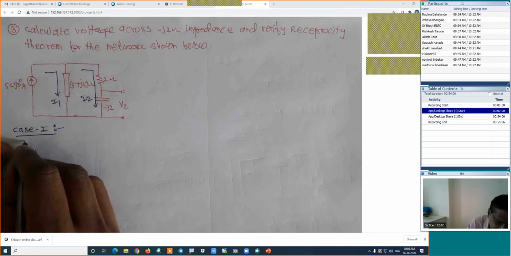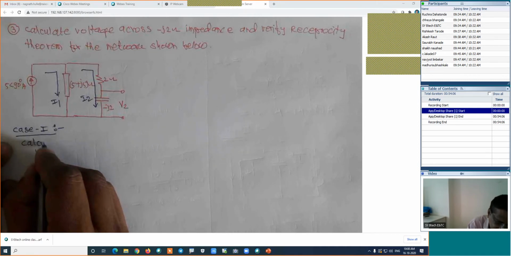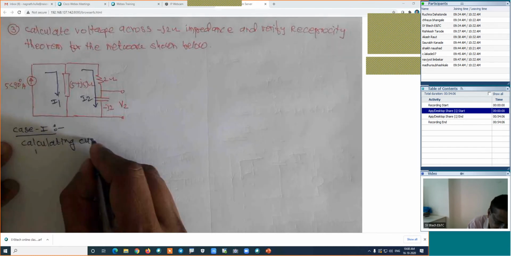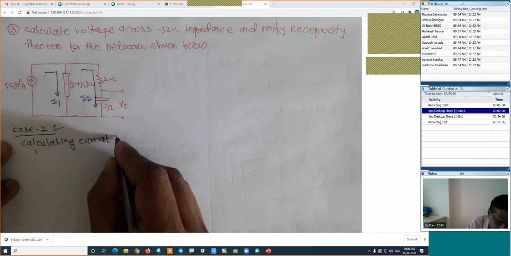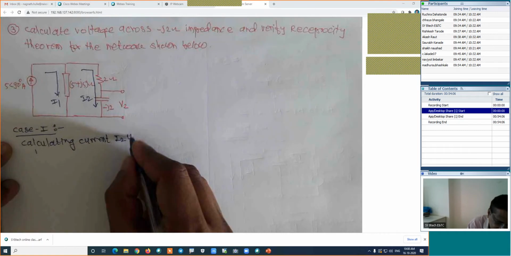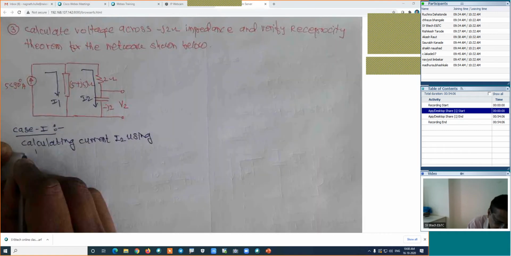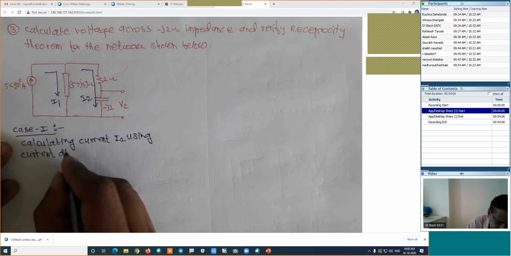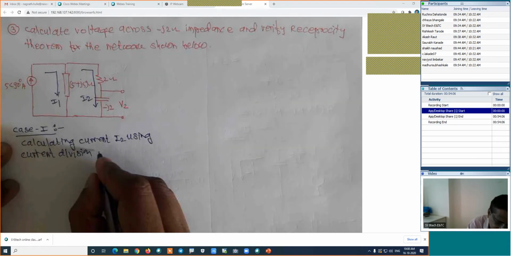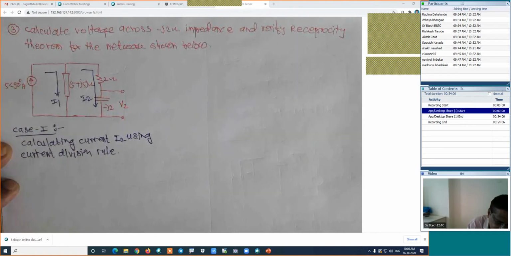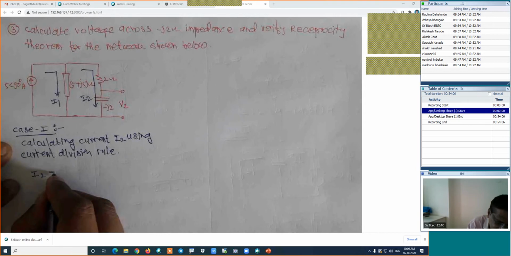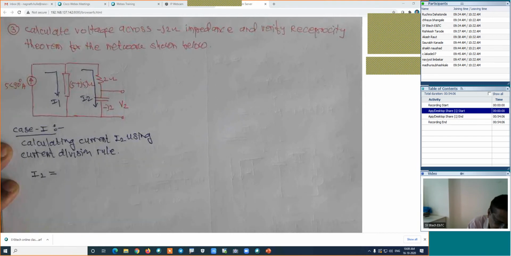Now, calculating current I2 using the current division rule. How is the current I2? I2 is equal to, how is the case?